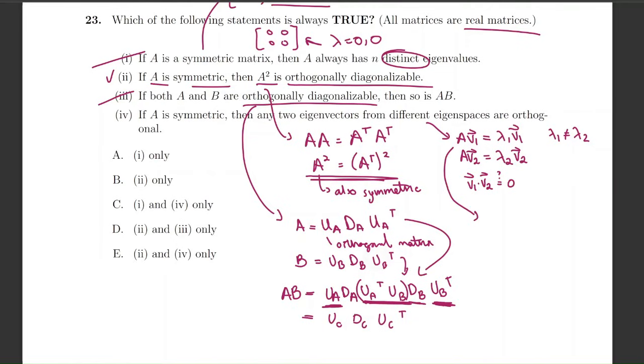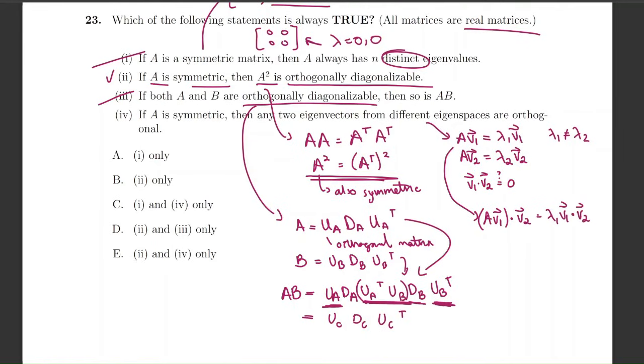Okay. Looking at this, we see that we have A V1 here, so why not take the dot product of both sides with V2?